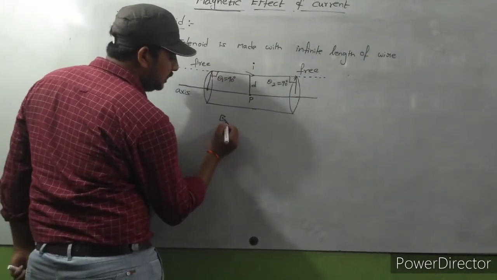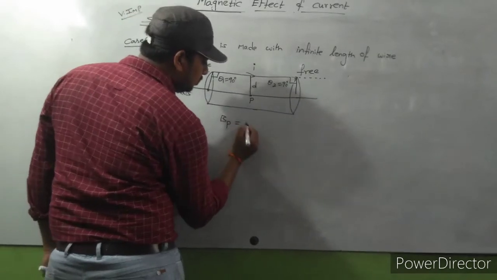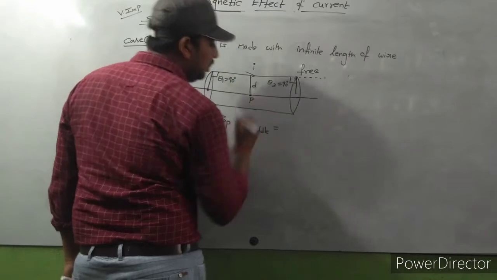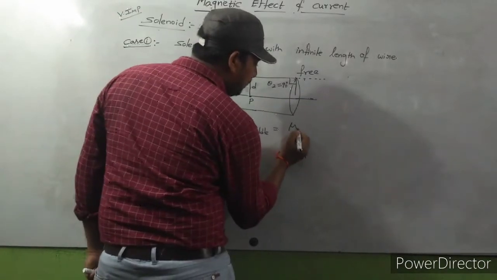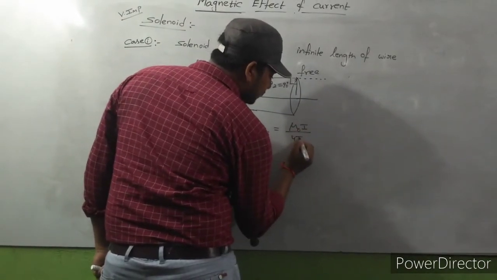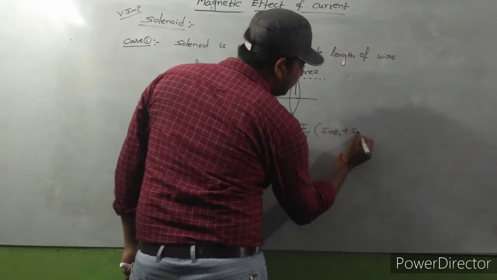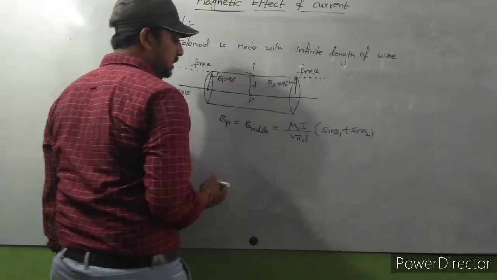The magnetic field at this point P, B middle, is mu naught I by 4 pi D into sin theta 1 plus sin theta 2 according to Biot-Savart's law.